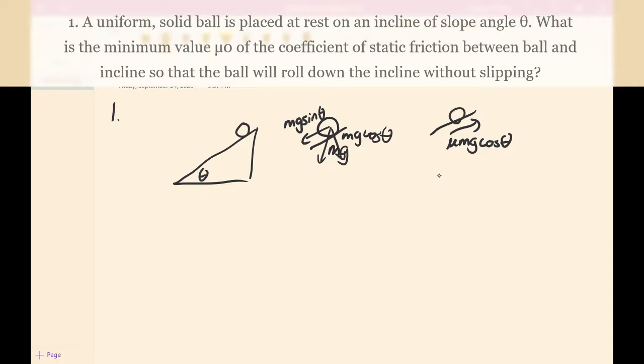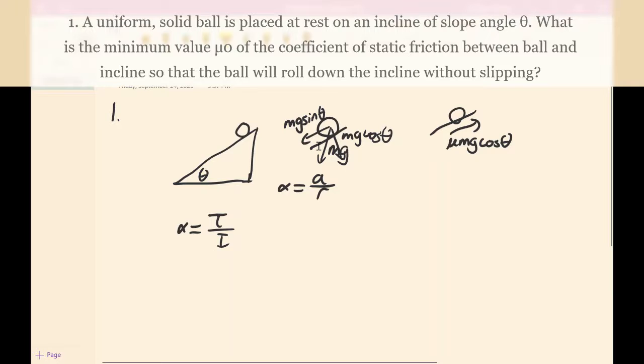Okay, so now, since we want it to be rolling without slipping, that means that the angular acceleration alpha has to be equal to the acceleration a over the radius r. So now we can try to find alpha. Since alpha is just equal to tau over I, the torque over the moment of inertia, first we try to find the torque.